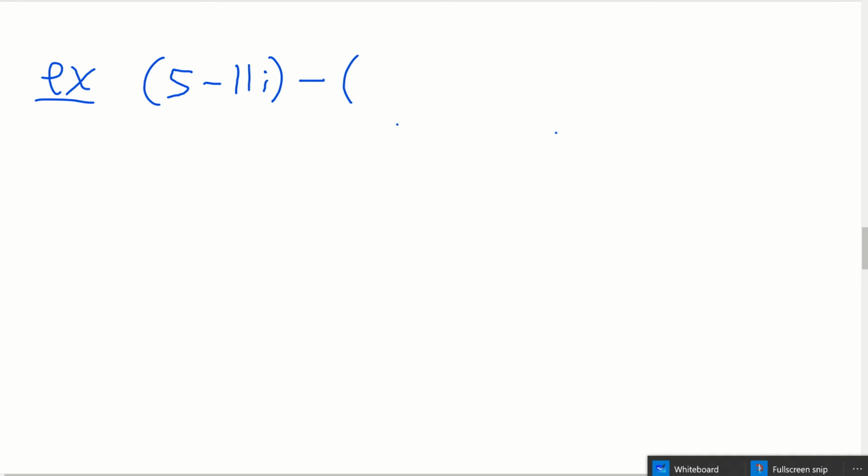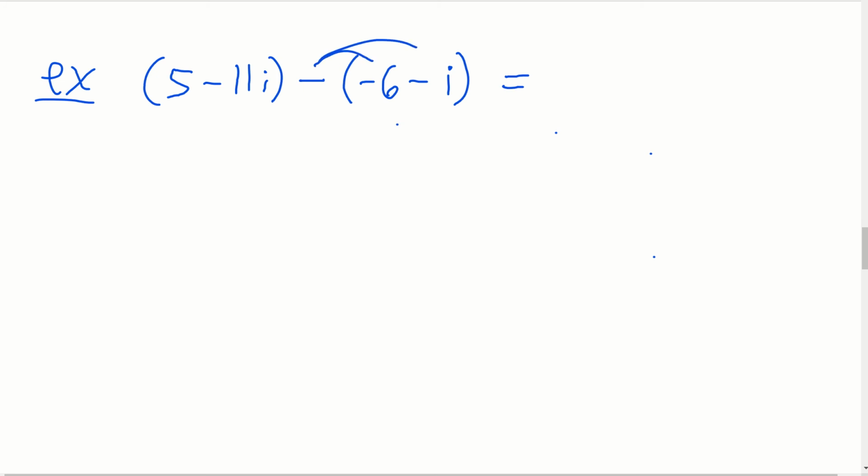Let's do a subtraction one. Let's suppose I wanted to take the complex number 5 minus 11i, and we are going to subtract -6 minus i. In order to subtract these complex numbers, let's first begin by distributing the subtraction in.